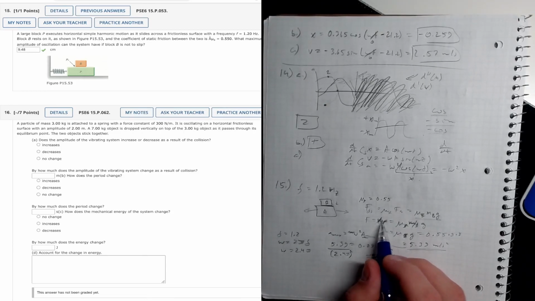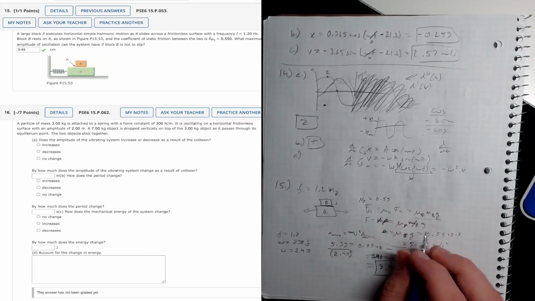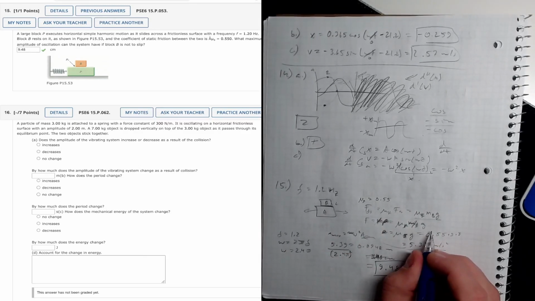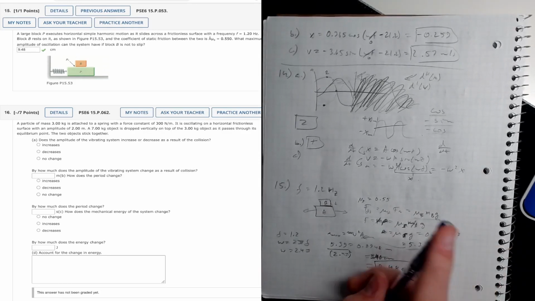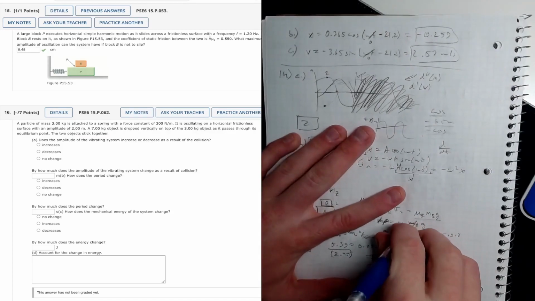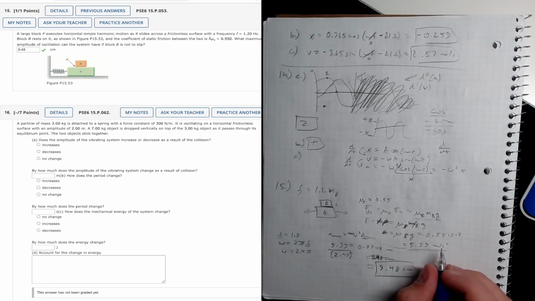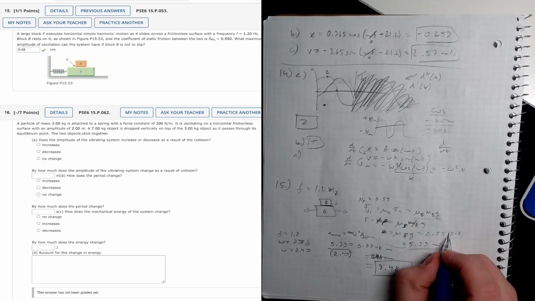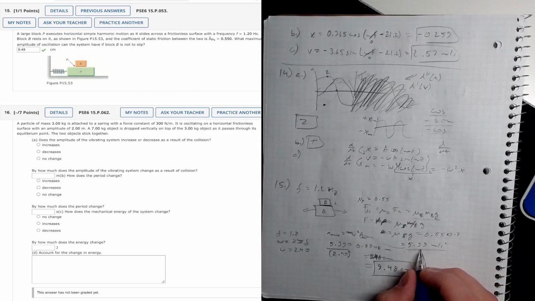You can cancel out the masses to get just the acceleration in terms of the known values, mu sub s and g. So acceleration equals mu sub s times g, which is 0.55 times 9.8. That is going to be the maximum acceleration it can have.